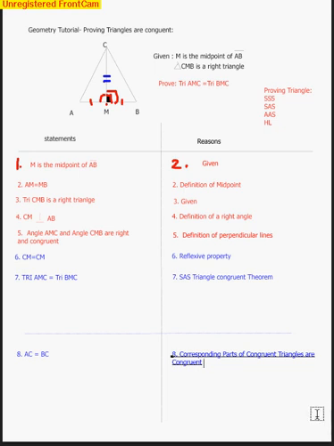And almost everybody abbreviates it like this, C, P, C, T, C. So each of these letters stand for those words. Corresponding parts of congruent triangles are congruent. And that would be if you want to go to the next step.